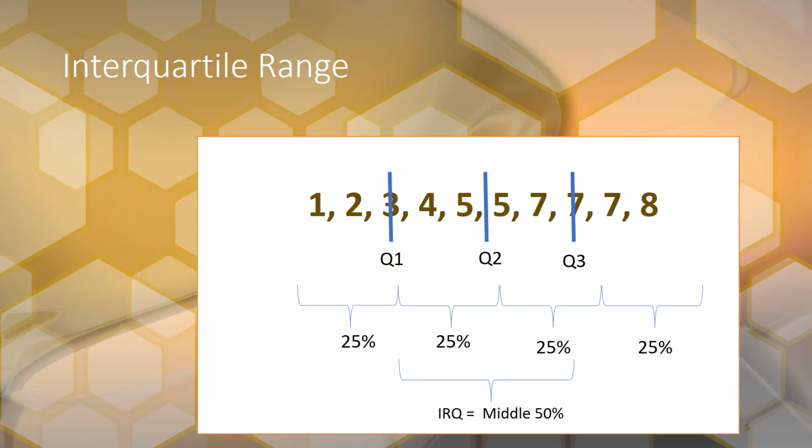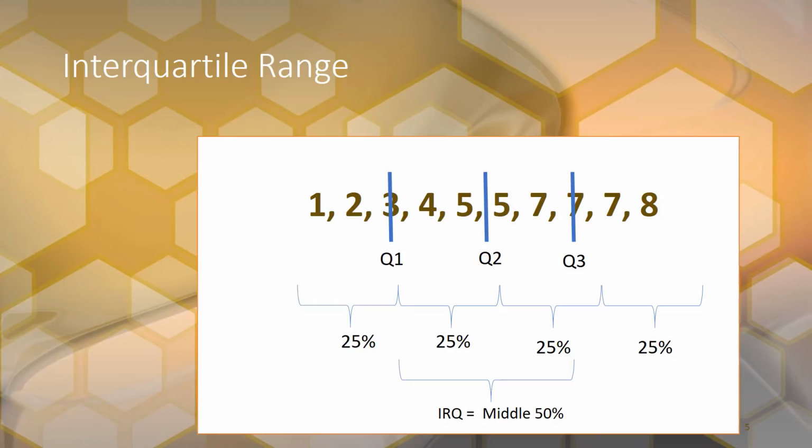So here's kind of an example. In the middle we have quartile 2, and then quartile 1 is 3, and quartile 3 is 7. And so we're splitting the observations up into 4 parts, and each part contains 25% of the data.